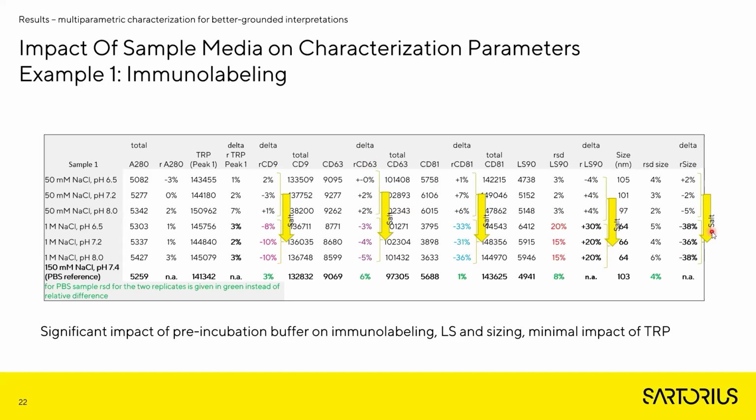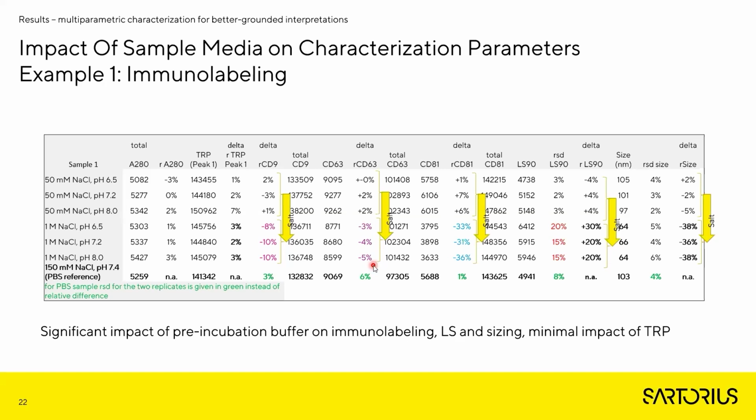So if we had isolated information about marker presence and size of particles, we could assume that the particle degrades at higher salt concentration. However, preservation of tryptophan fluorescence and even an increase in light scattering intensity, and preservation of one of the markers, suggest a different story.